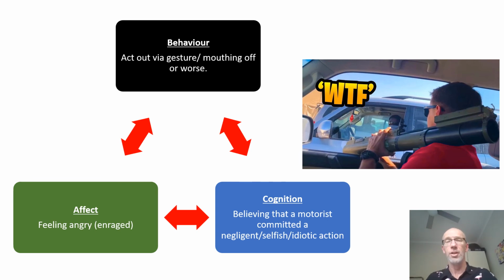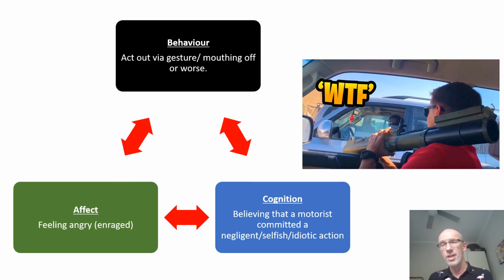Was it flashing lights? Was it mouthing off? Or was it basically pointing a bazooka at the other car? Then again, we're trying to explain the behaviour. So the affect, that's the emotions. Maybe the person was feeling upset, aggrieved. Again, we want to use descriptors that highlight the emotions.